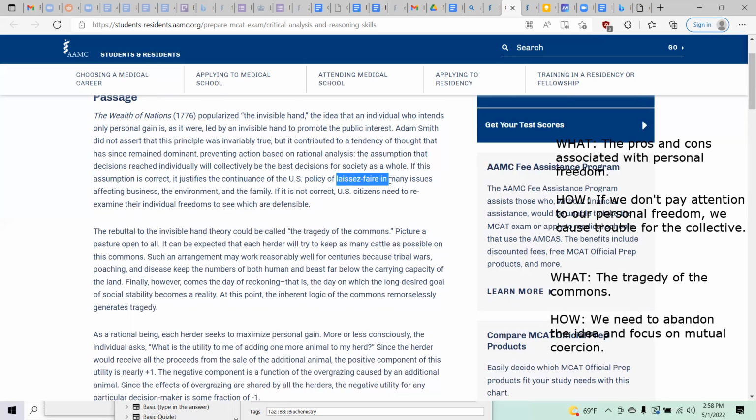Have you ever heard of laissez-faire? I've definitely heard of it, but I totally didn't know what it meant. So laissez-faire capitalism, the right to do your own business. Yes. It's usually used as a pejorative, as in unlimited capitalism. It's late stage capitalism, right? You can do whatever you want.